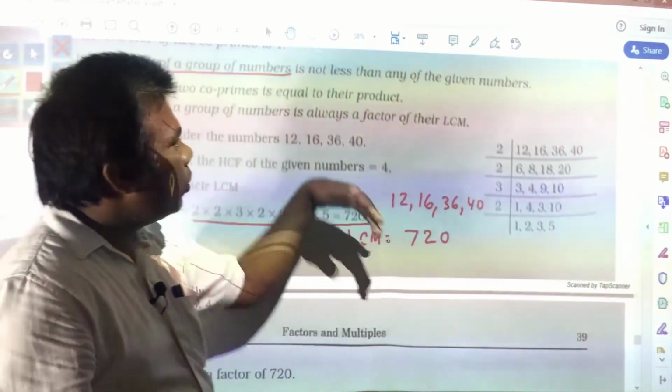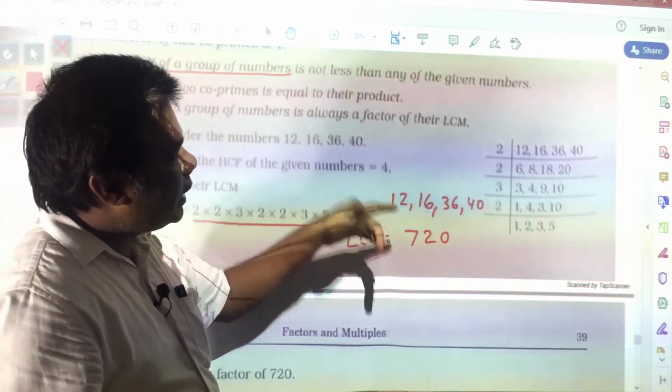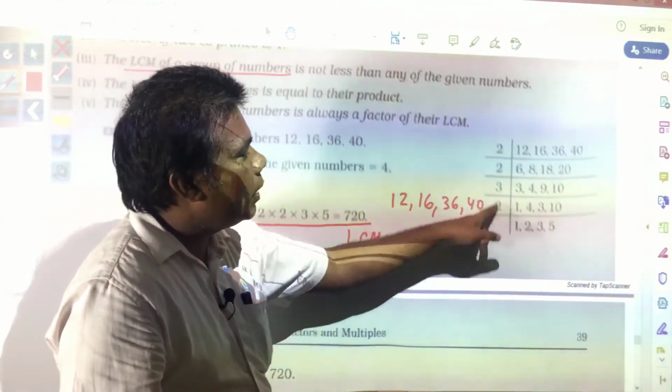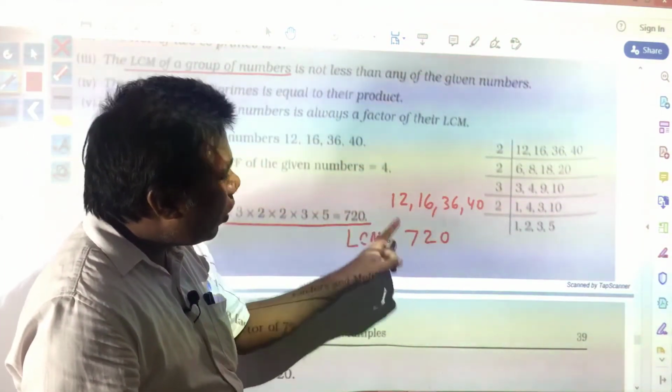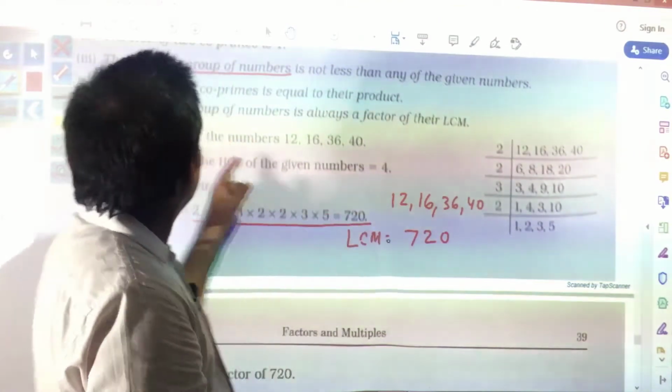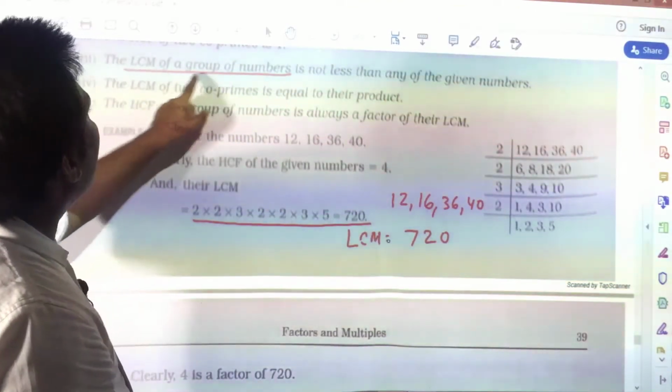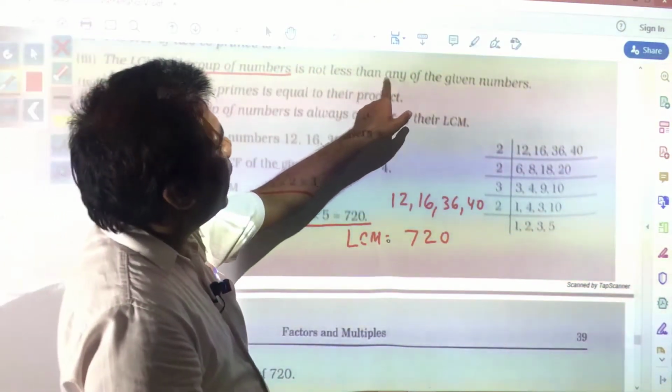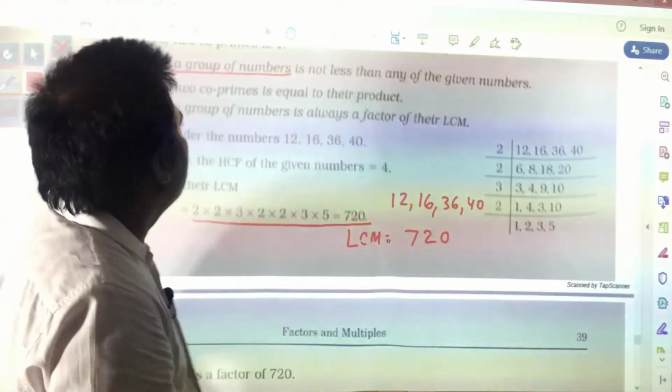HCF cannot be greater than these numbers and LCM cannot be lesser than these numbers. This you need to remember.